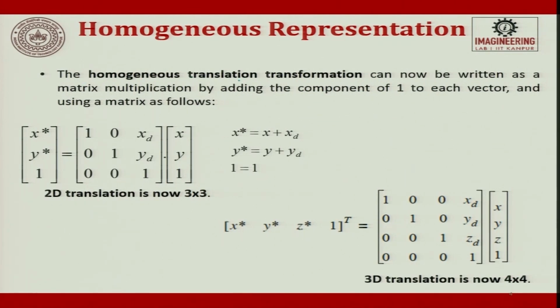The homogeneous translation transformation can now be written as a matrix multiplication by adding the component of 1 to each vector and using a matrix as follows: P star, which is x star, y star, 1, the final destination point, is equal to the transformation matrix into the point P. This is the homogeneous transformation matrix. This 1 is the scalar factor, which we studied here.